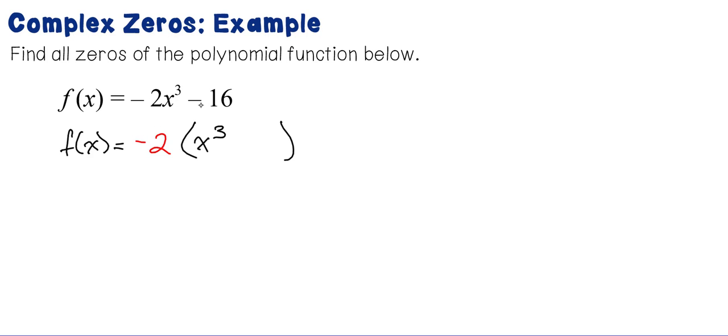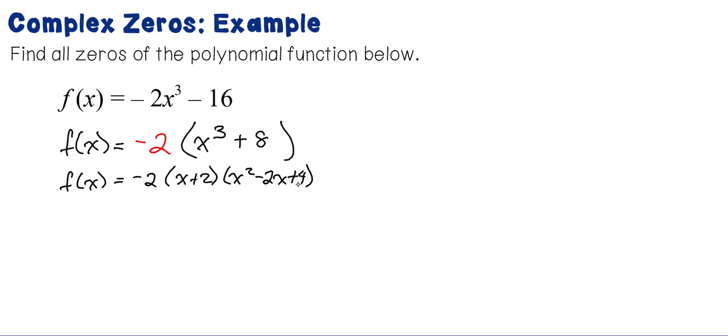I factored out the negative, so it leaves me with +8. Okay, and then also we can factor out x plus 2 using the rules we've known before, times x squared minus 2x plus 4.